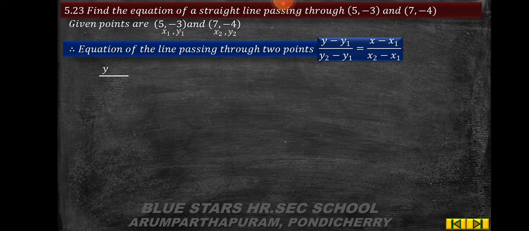y minus y1, the value is minus 3, so minus into minus, plus 3, divided by y2 value minus 4 minus y1 value minus 3.